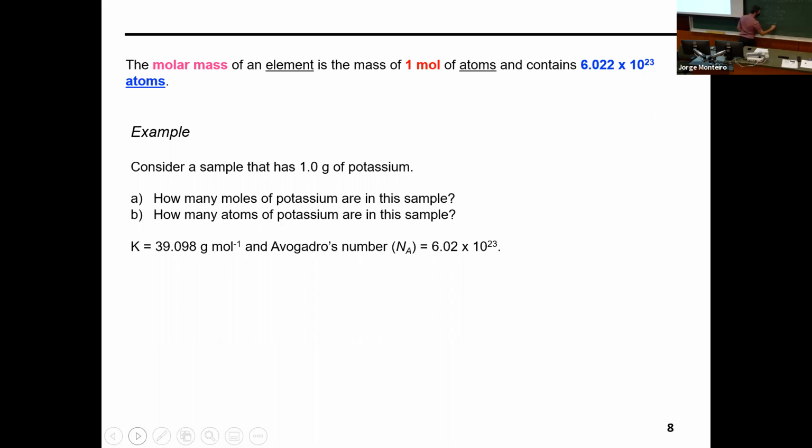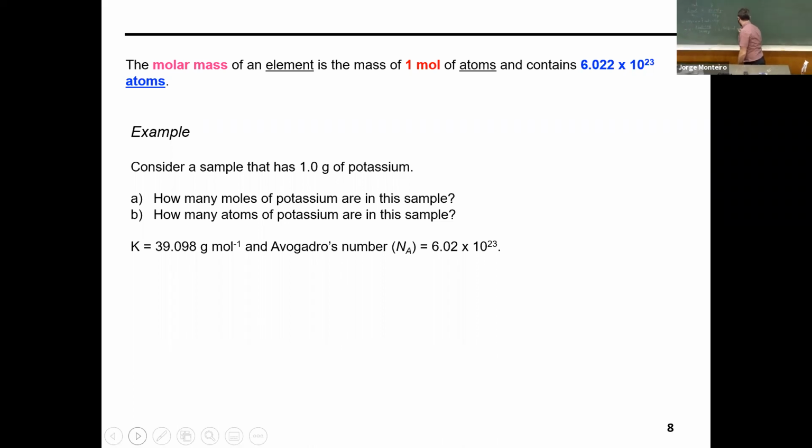Cancel grams with grams. The unit for our answer is going to be mole. Therefore, number of moles is going to be 0.026 mole.